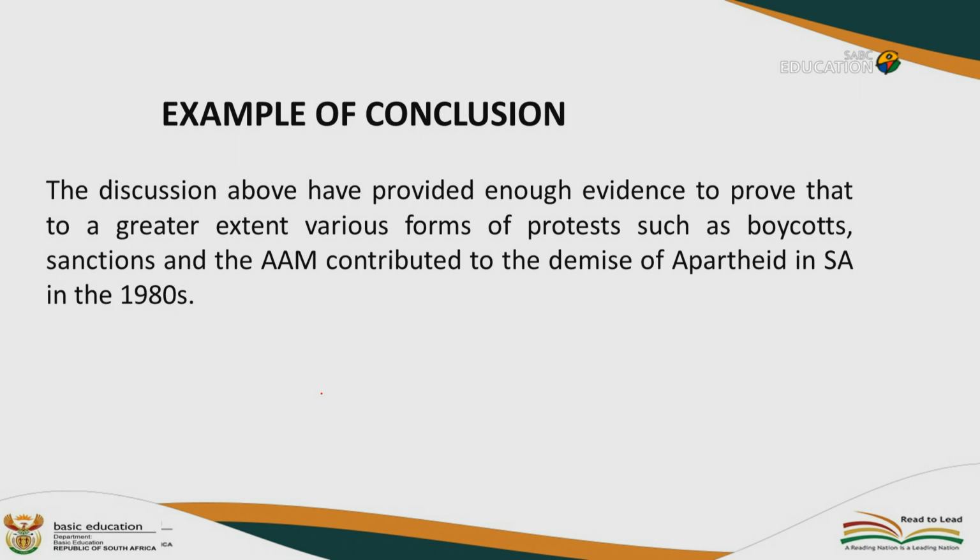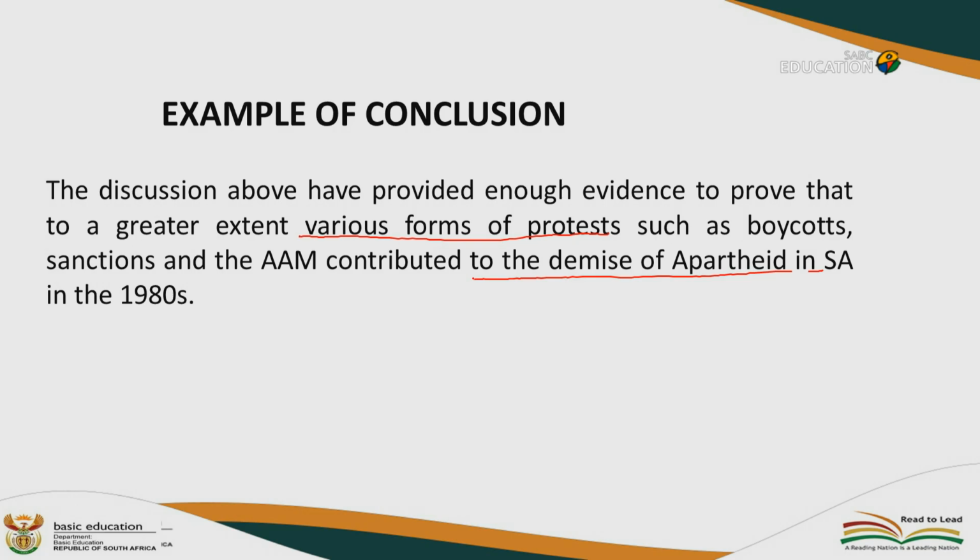You say, the discussion above provided enough evidence to prove that various forms of protest, such as boycotts, sanctions, and the AAM, contributed to the fall of apartheid in the 1980s.